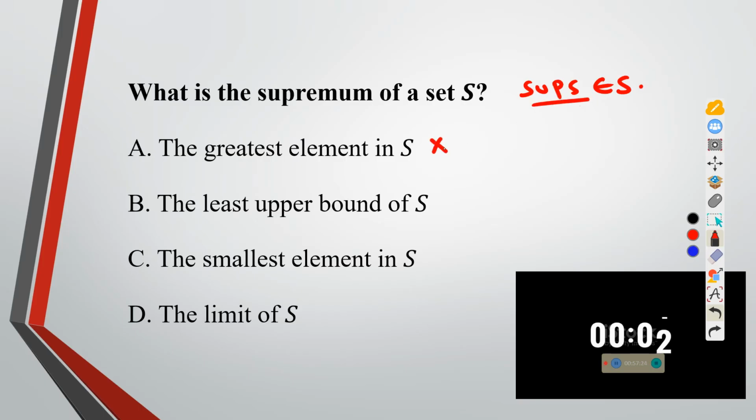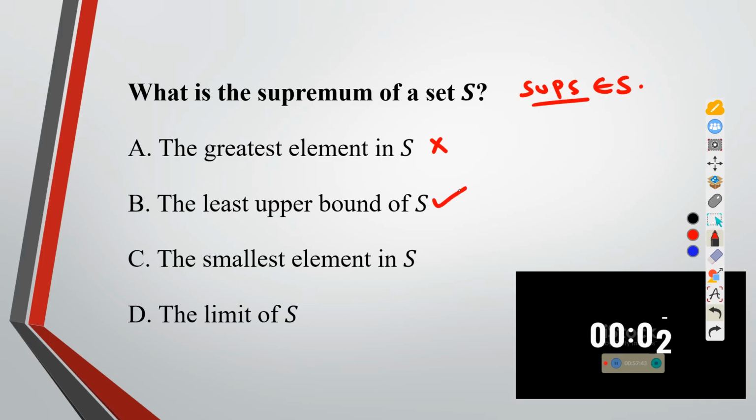However, this is not the supremum of a set, because the supremum might not necessarily be part of the set. When you say the greatest element in S, it is not necessarily the supremum of that set.